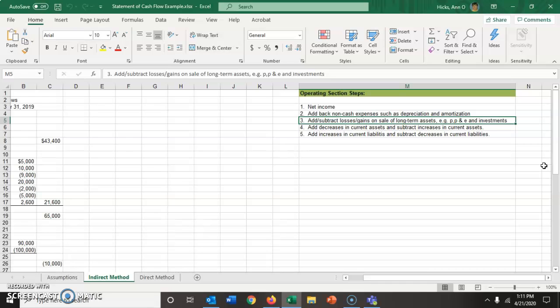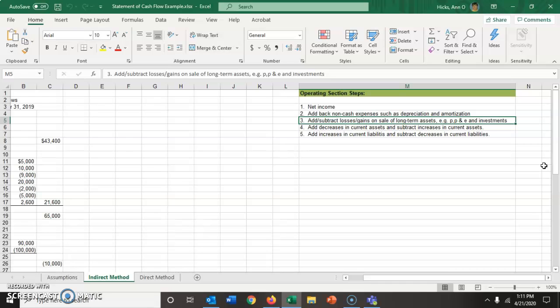Then you will add or subtract losses or gains on the sale of long-term assets, for instance, PP&E investments. If you think about it, this should be fairly logical. Let's say we sell a piece of equipment at a loss. That loss is going to run through the income statement, thereby reducing net income. But that loss does not reflect the amount of cash that we got on the transaction.